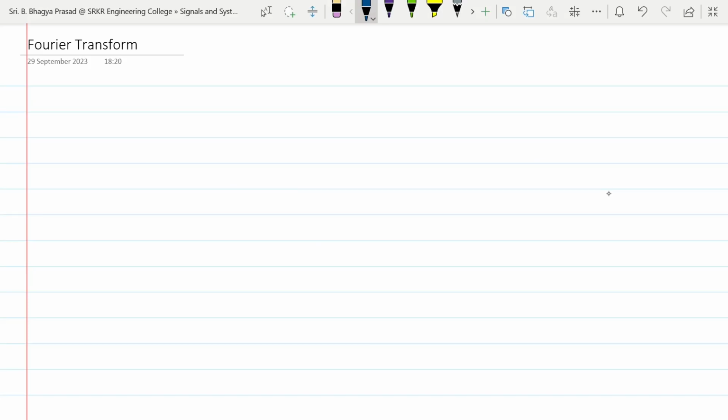In today's lecture we discuss the Fourier transform, and we all know that the Fourier transform is applied for non-periodic signals. Fourier transform is applied for periodic or non-periodic signals.